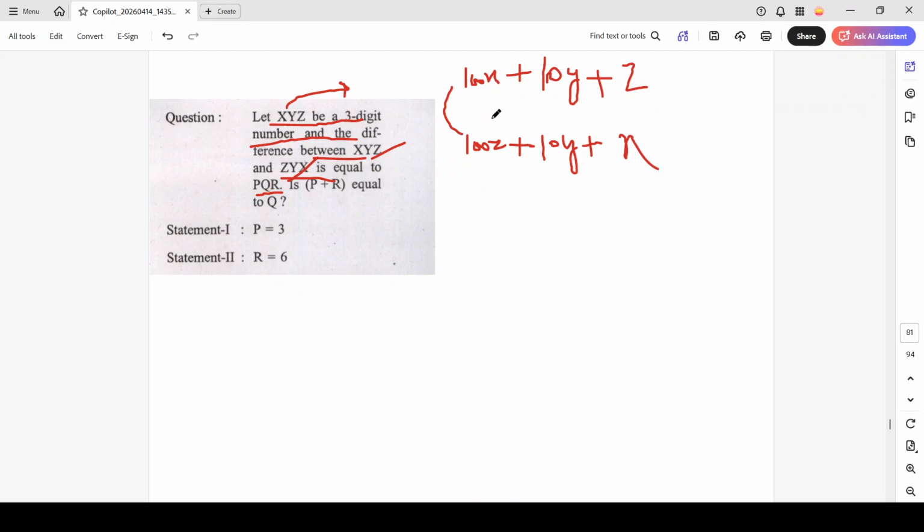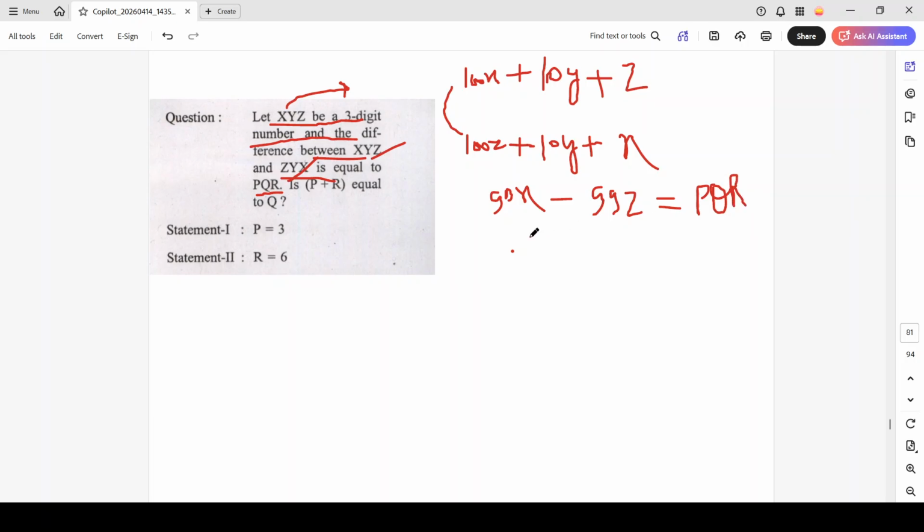What will be the difference? 100x minus x is 99x, and z minus 100z means minus 99z. And this is equal to PQR. PQR is a 3-digit number.